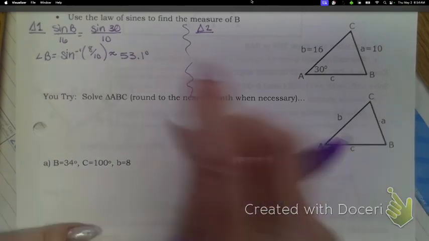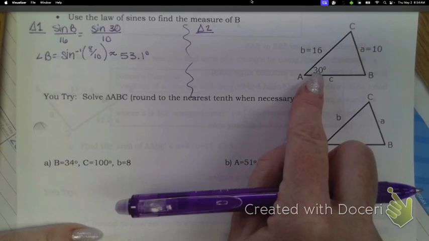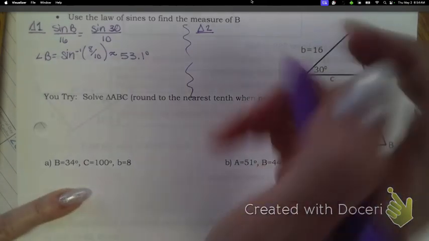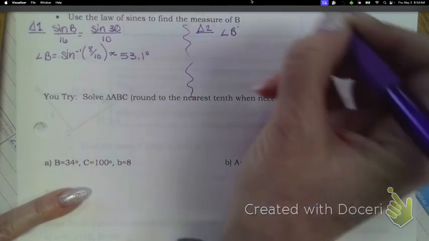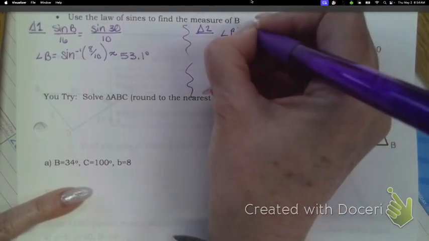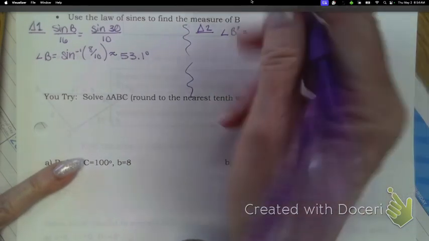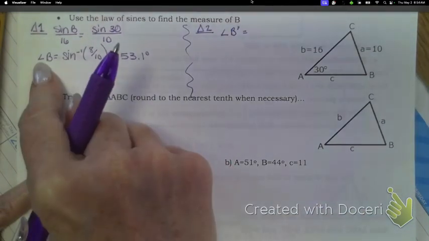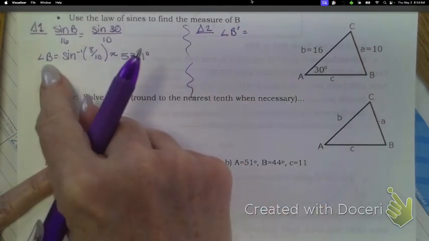Okay, so we got 53.1 and we got 30, so we're good to go on the second triangle? Yes. So angle B prime is going to equal, because this was angle B, you can't have two angle B's. So you have angle B and angle B prime.